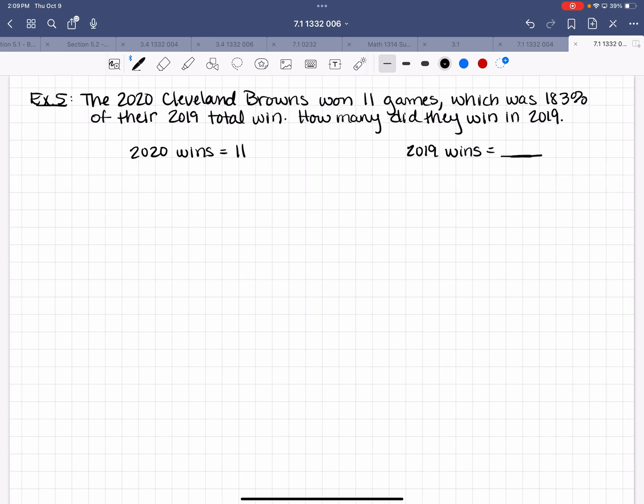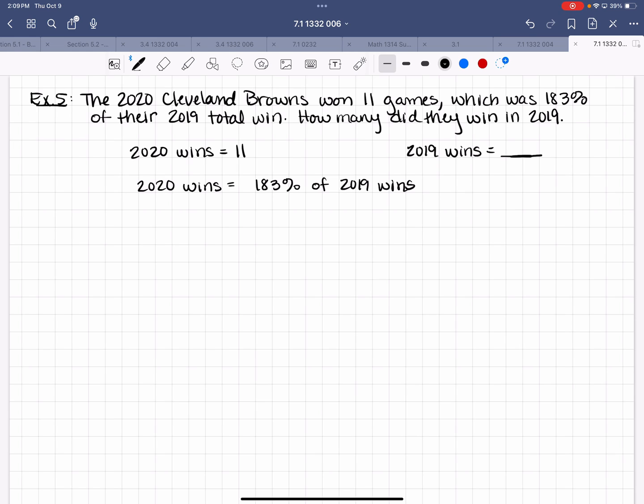We're going with what the problem says. We also know that the 2020 wins equals 183% of the 2019 wins.